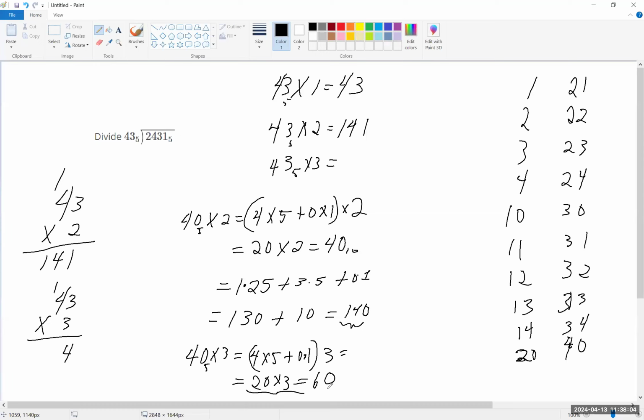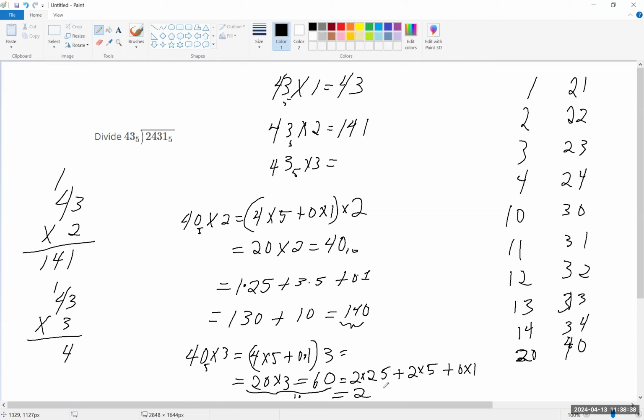Here we're dealing in base 10. To convert 60 back to base 5, 60 is two 25s, or two 5s and 0 ones, so 50 plus 10 is 60.